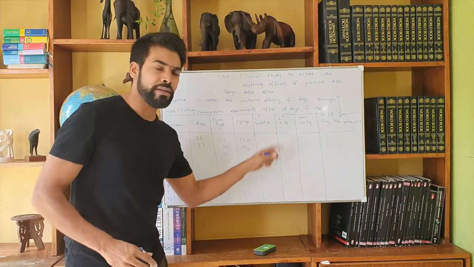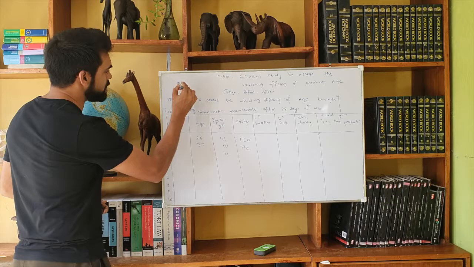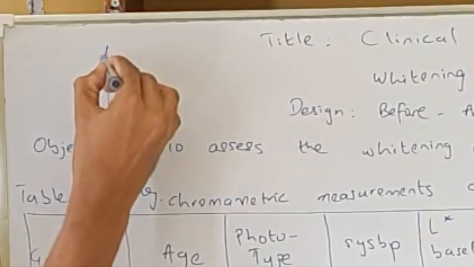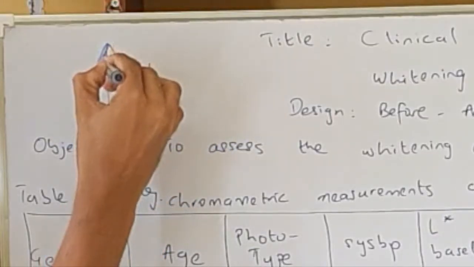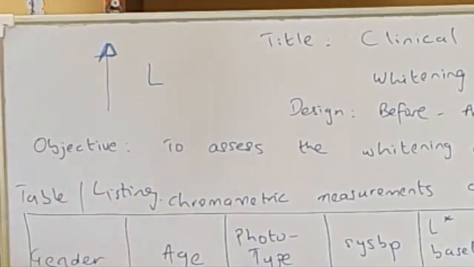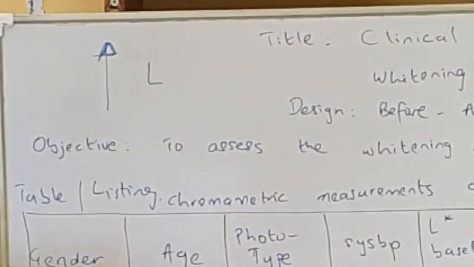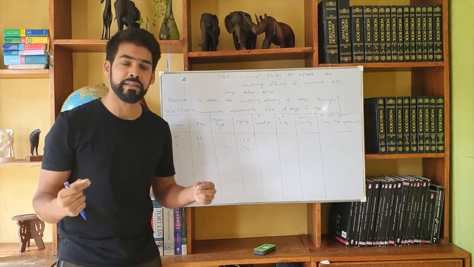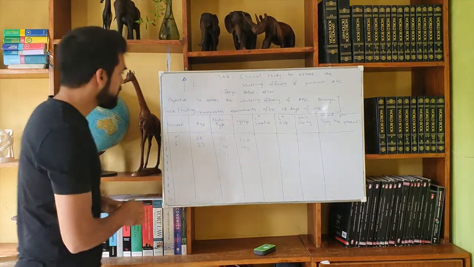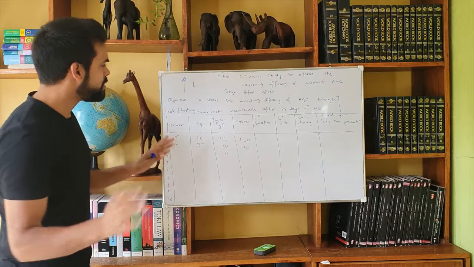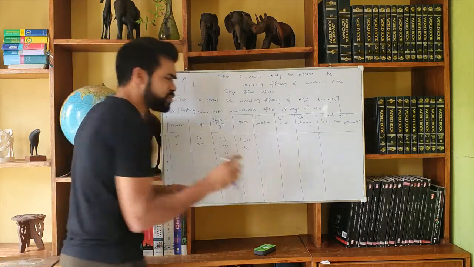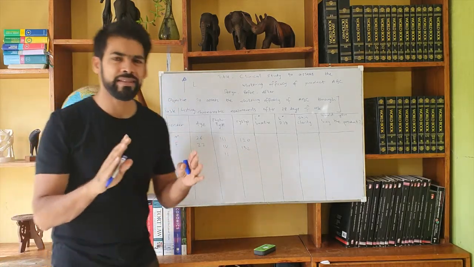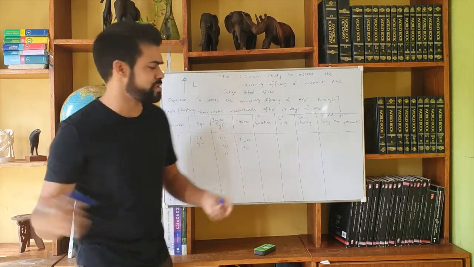Now the L values, as you know, in the chronometric measurement, when L increases, it means that the skin is fairer, that is more luminous. Try to think of L as standing for luminosity. So normally, L values are between 45, 48, 50, 52, 56.